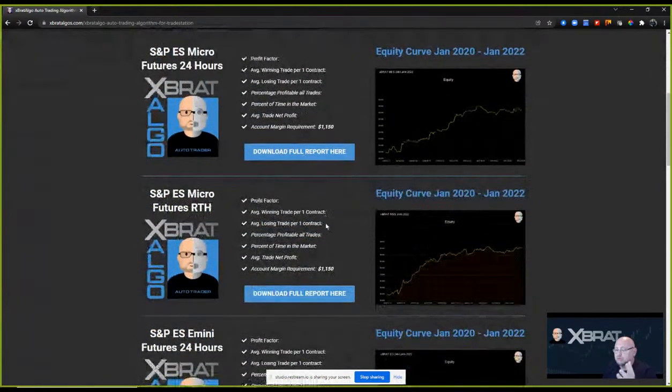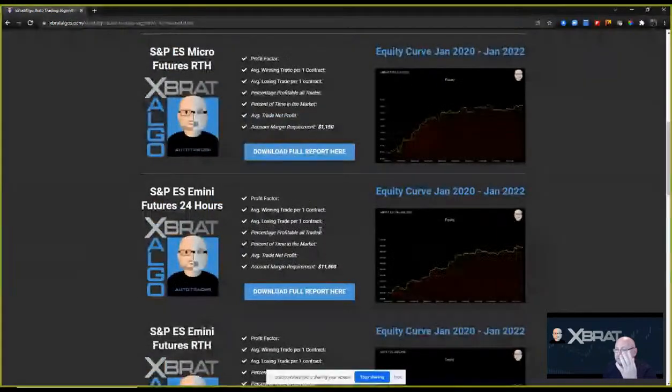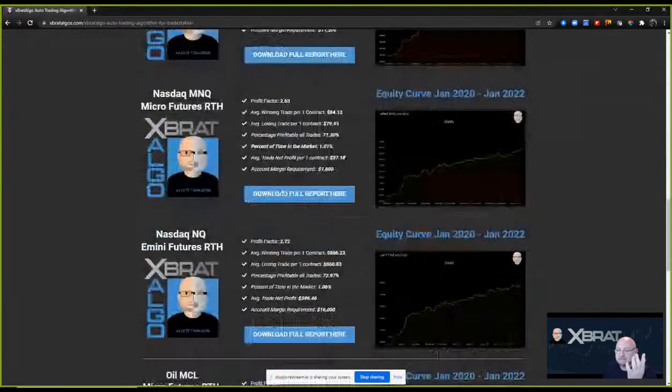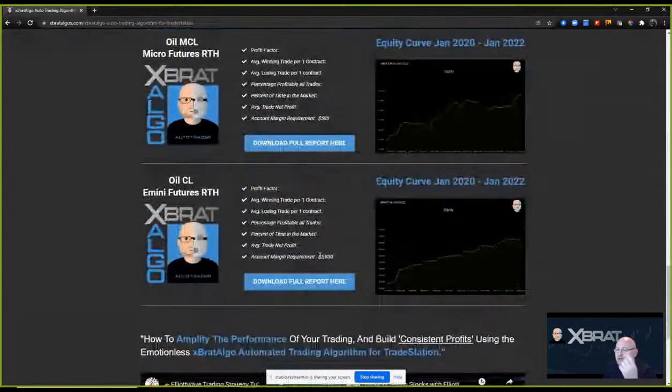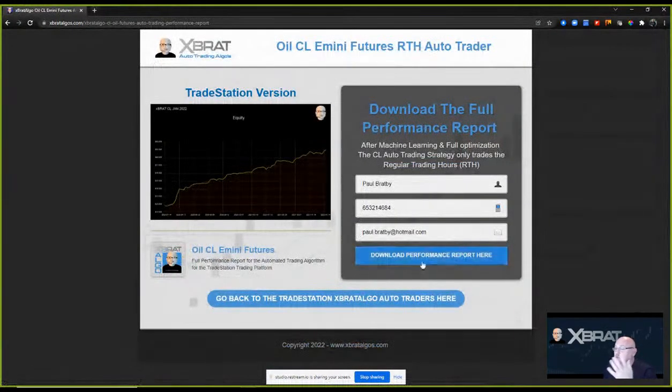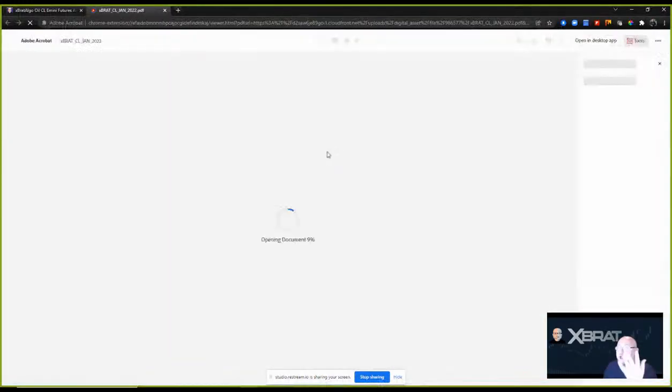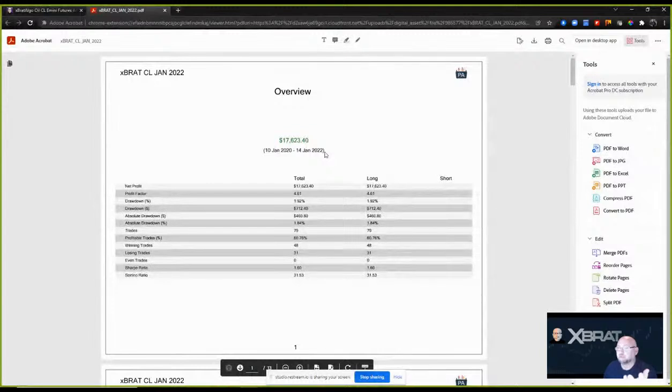At the moment, none of the other information is there, but it will be put in. But it's about margin requirement, what you need for ES, NASDAQ, oil, that sort of thing. And then you can download the full report. So if you click on here, you can fill in your details, download the performance report, and there you have the performance report for oil, okay?